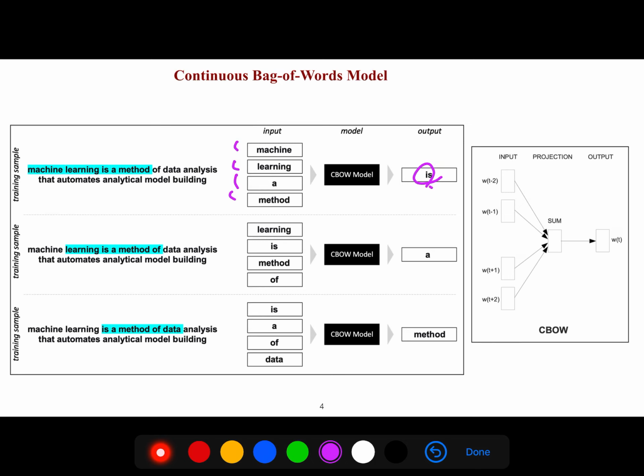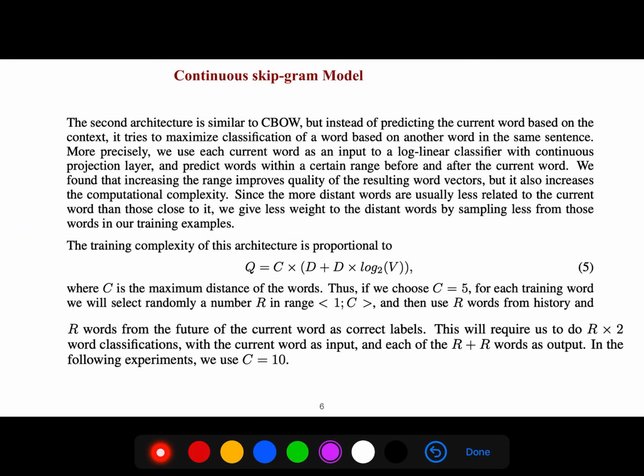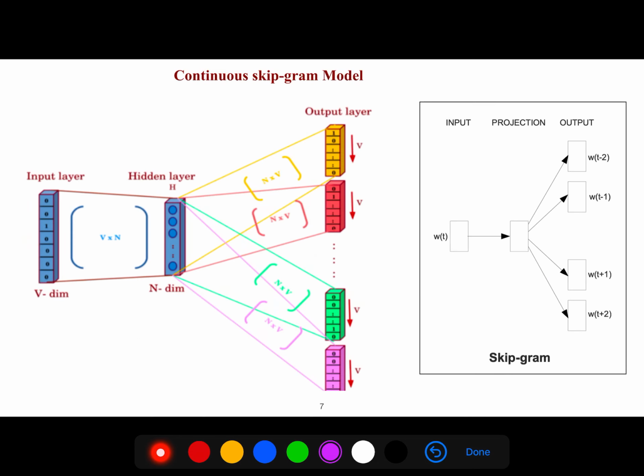In this way, you can learn the vector representation of any word you like in your texts. So in the continuous bag of words, you give context to the model, and what you get is the middle word.